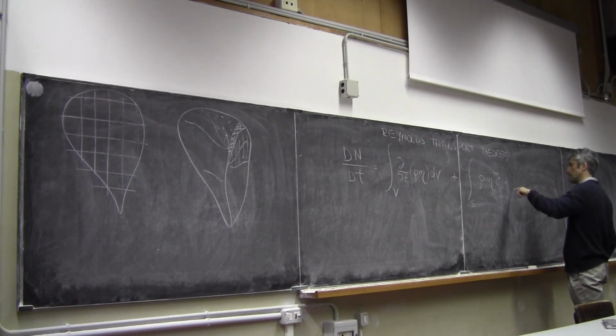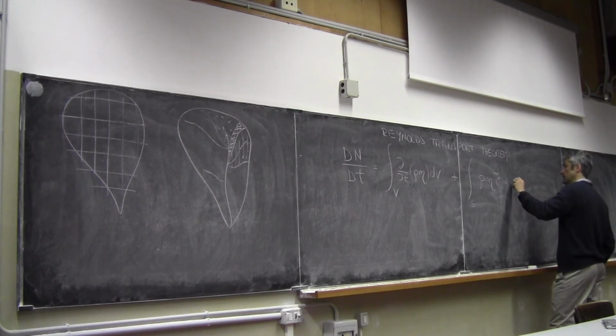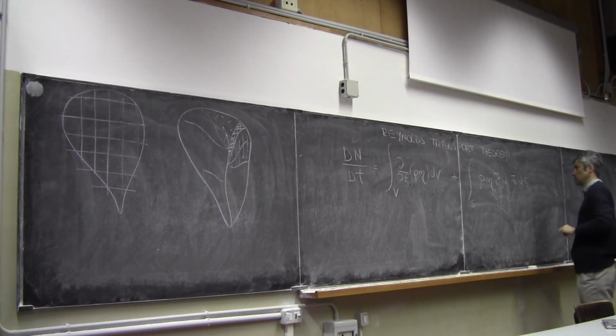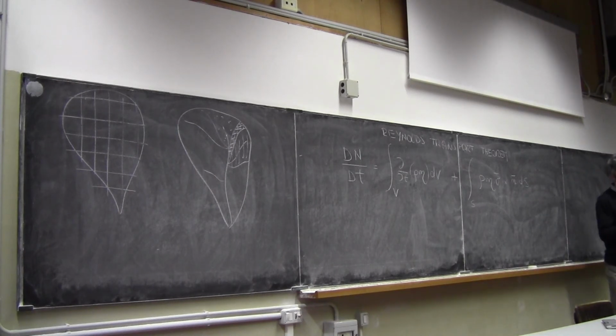and this is multiplied with the scalar product by the normal versor to ds.